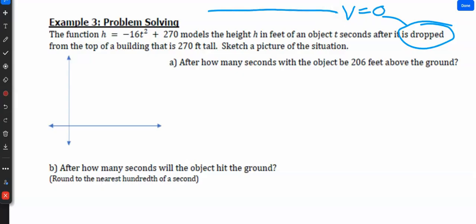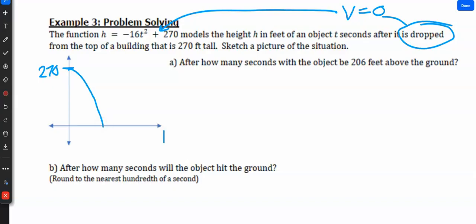Well, that is reflected because notice that the term in the middle is missing. That's why it's missing, because the object was dropped. So we literally are starting up here at 270 feet, and it's dropping down to the ground.